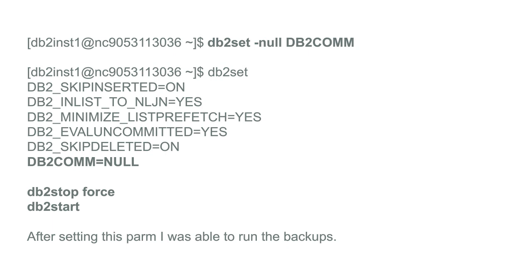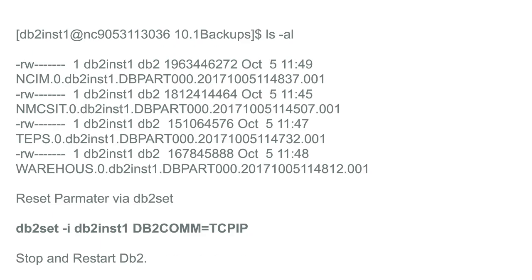Then you have to stop and restart DB2 after setting that. And then you have to obviously stop DB2 again to get this to work for the backup. This is all just backup information. After I did that, my backups ran cleanly.